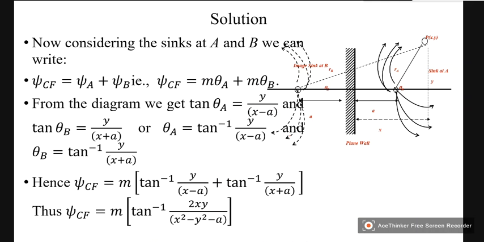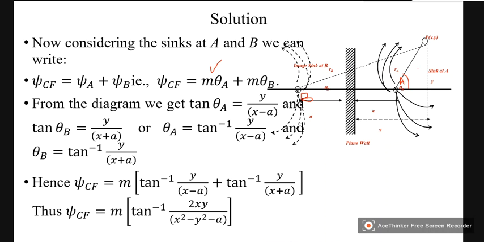So now, considering sinks, they are not sinks, they are sources. By mistake, I have typed sink. So sources at A, this is my point A, and this is my point B. So this distance is RA and this angle is theta A. So the expression for psi A is equal to m theta A. The general expression is m theta.